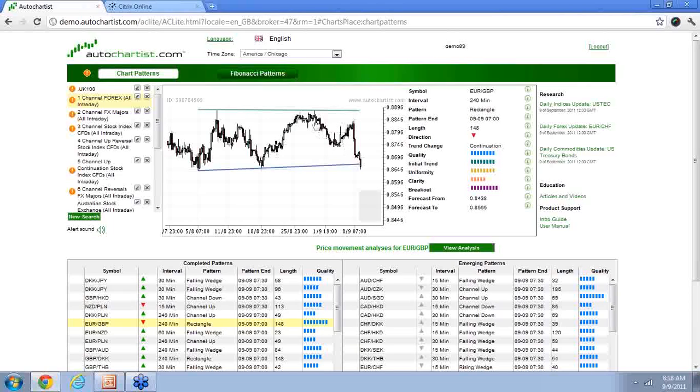Oftentimes when you get a market coming down from a top into an area here that's about the middle of the channel, the final rally will fail or stop about halfway to 61% of this last breakdown. And when you get this secondary lower top, that tends to be a key indication that the market is poised for a down move.